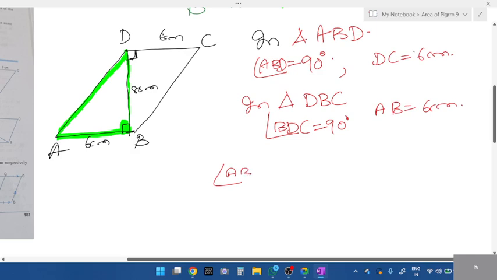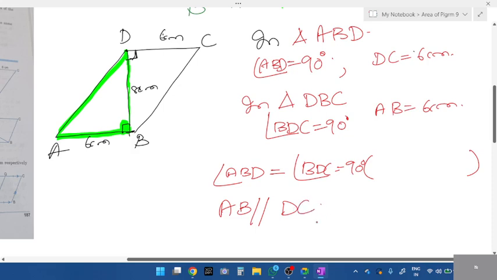So what's the statement you have to write? Angle ABD is equal to angle BDC, 90 degrees. What's the reason? If both are equal, which two lines will be parallel, students? AB will be parallel to DC.